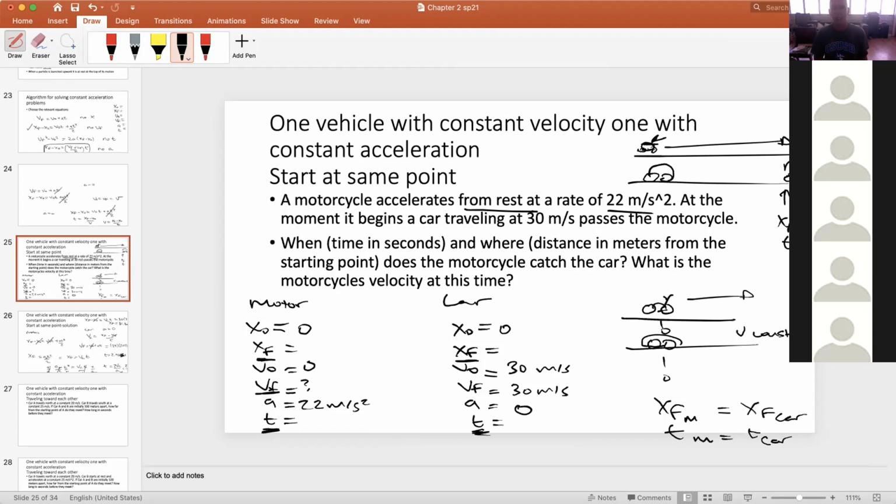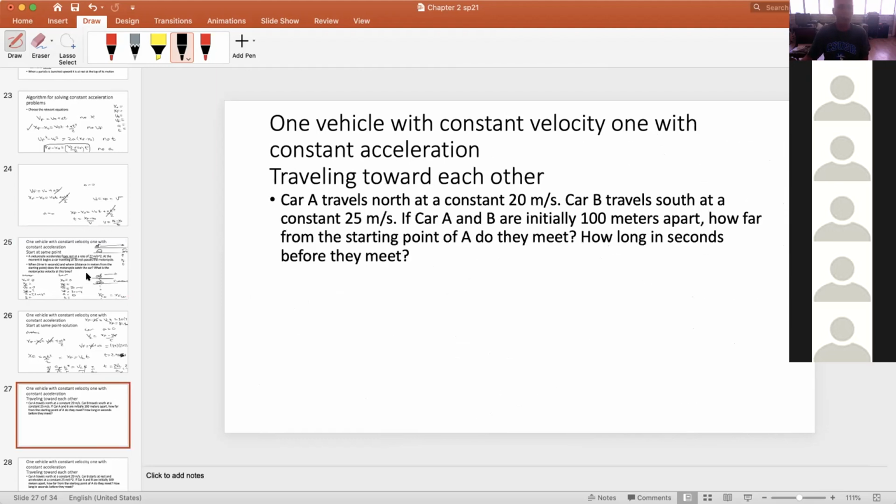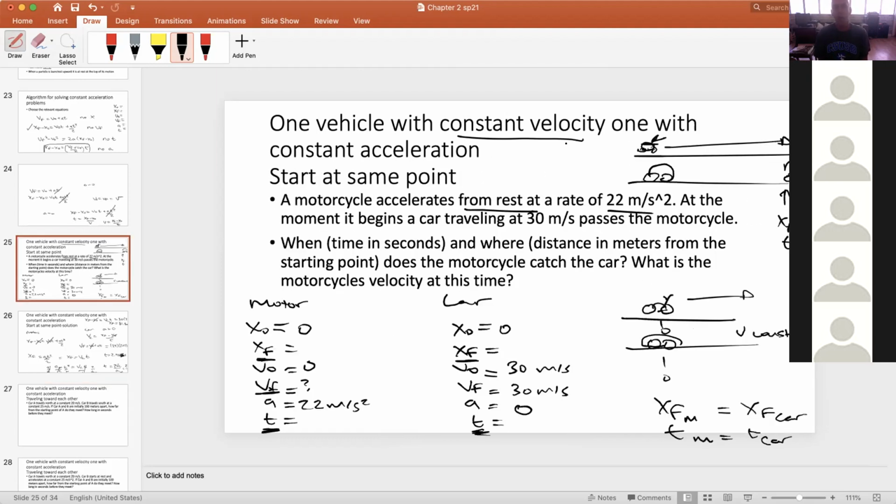That's where things get a little messy, but in this case, we're going to assume that they're starting at 0 to make it easier on ourselves. We're told the acceleration of the motorcycle, and we're told that this is a constant velocity problem, right? Which means that the car is doing a constant 30 meters per second, but it also means the car has no acceleration.